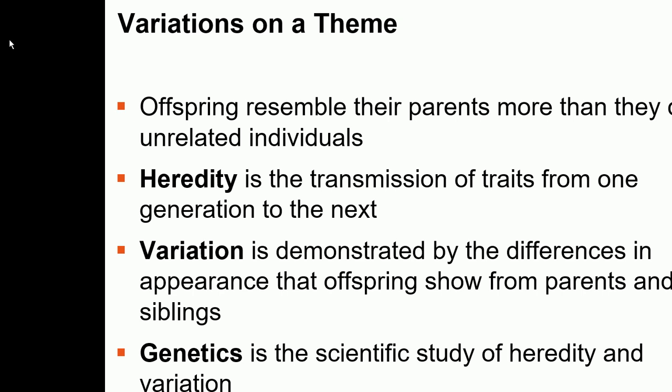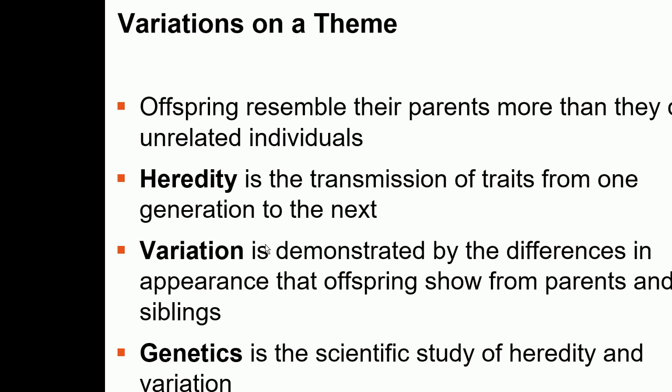Before we talk about the main differences between these two kinds of cell divisions, we are going to go over some of the terms. First of all, what is heredity? Heredity is the transmission of traits from one generation to the next. Variation is demonstrated by the differences you see in the population, by differences in appearance that offspring show from parents and siblings.